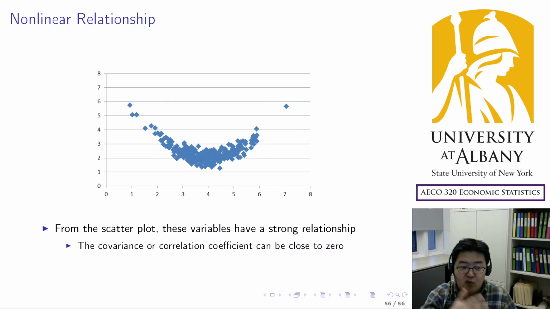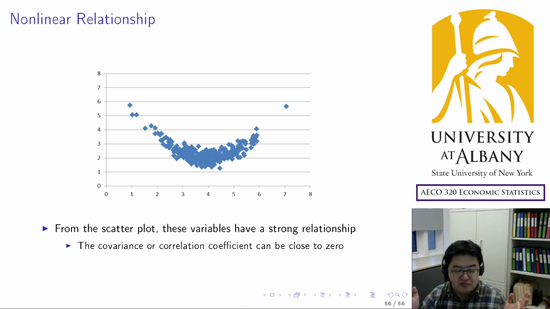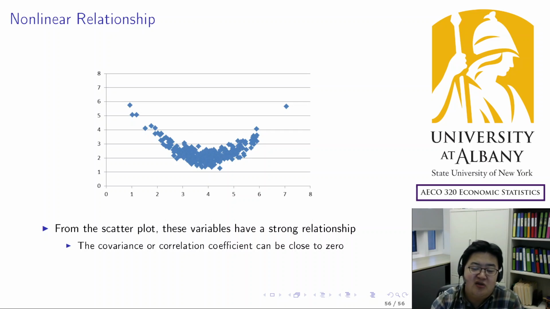So before using those analyses, make sure your data have a linear pattern. Or if you see a clear nonlinear pattern, then you have to study more about nonlinear analysis methods.